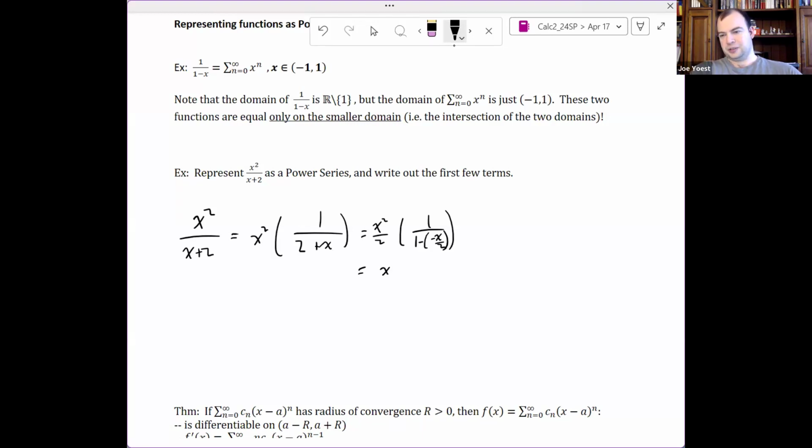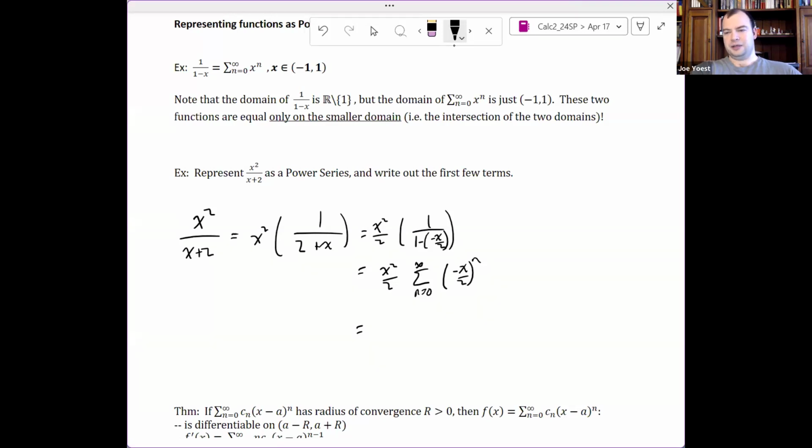Right? This is going to be x squared over 2. 1 over 1 minus stuff is sum n equals 0 to infinity of stuff to the n. So this is what I have.